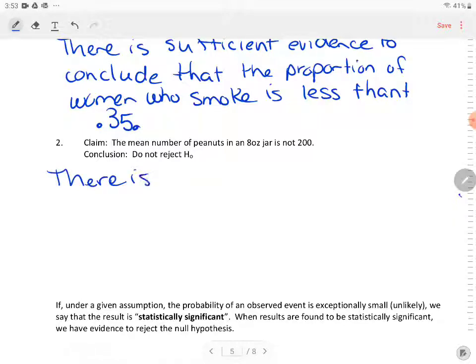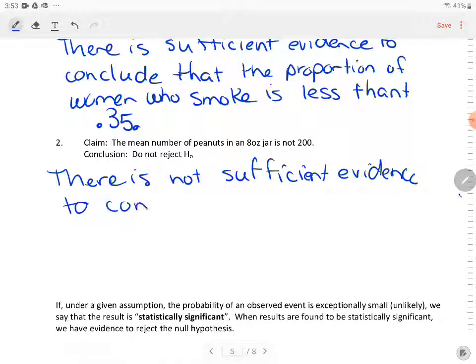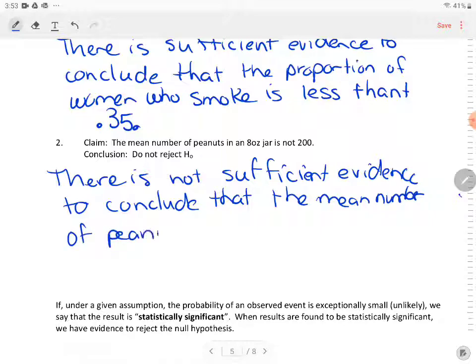There is not sufficient evidence to conclude that the mean number of peanuts in an 8-ounce jar is not 200.